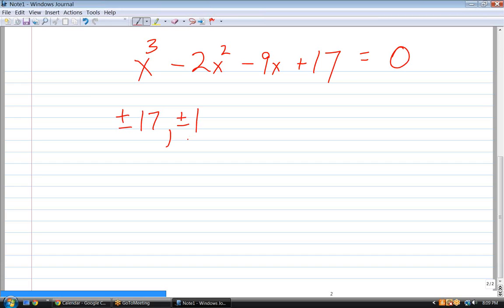Those are factors of 17. And what are factors of the denominator? Plus or minus 1. Okay, so what are my possible factors? 4, actually. Plus or minus 17, plus or minus 1.